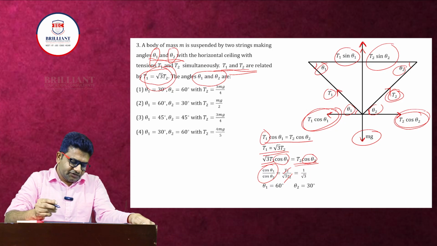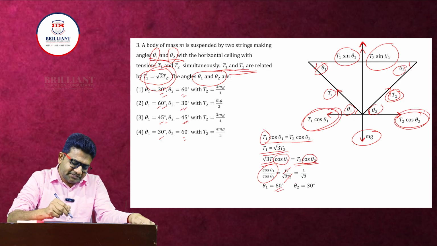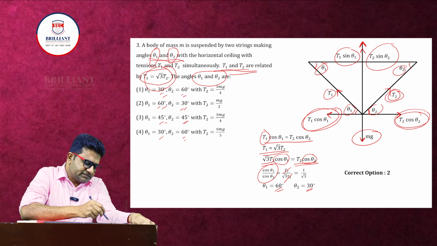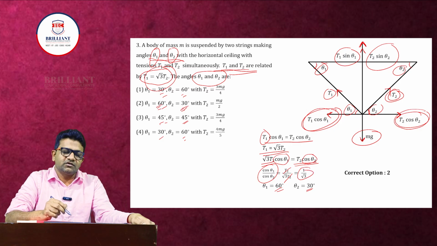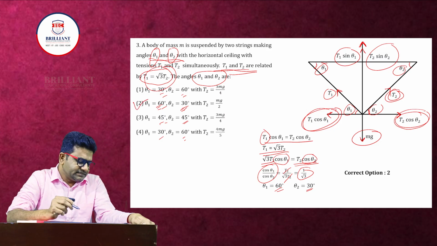In the options you can see theta 1 30, 60 is there, 60 30 is there, 45 is there, 30 60 is there. By analyzing, if theta 1 is 60 and theta 2 is 30, we get the answer 1 by root 3. So the correct answer is option 2, that is theta 1 60 and theta 2 30.